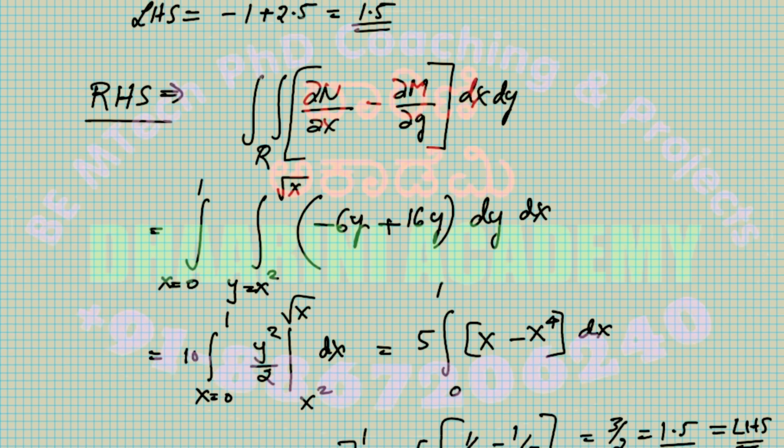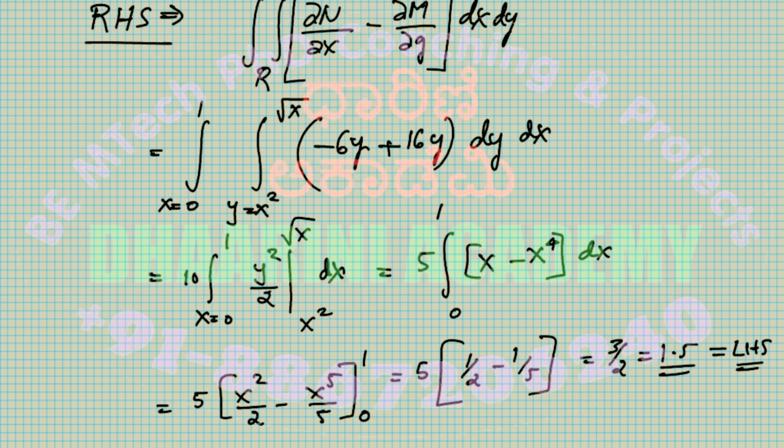So 10, this is 5 minus 2. 5 minus 2 is 3. 3 by 10, 5 cancels with that, yeah, 3 by 2 equal to 1.5, right? That is equal to the LHS. So that verifies the theorem.